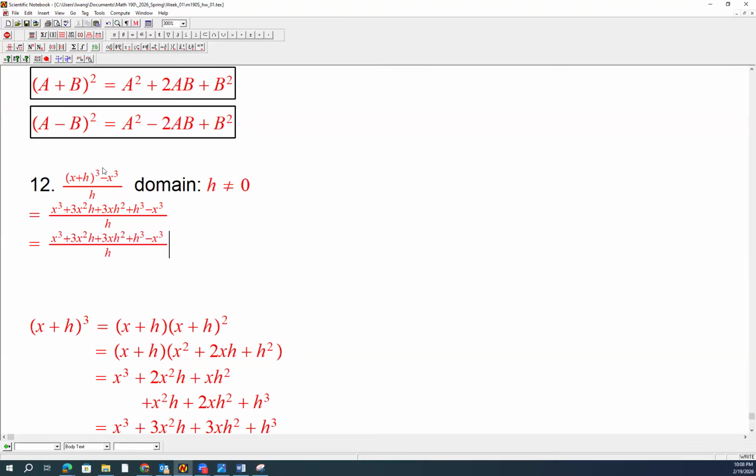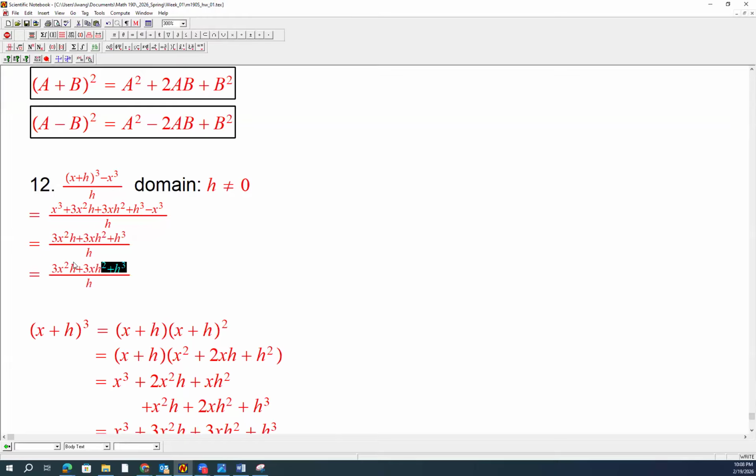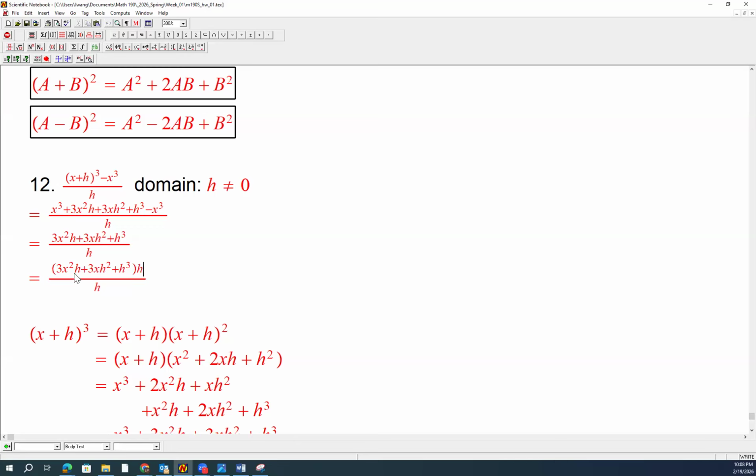And next, we're going to simplify the negative x raised to the power 3, take away the x raised to the power 3. All right? And then we're going to factor out the h. We can remove this plus sign. It's redundant. So factor out the h. One h is gone.